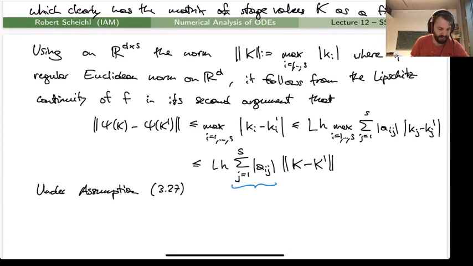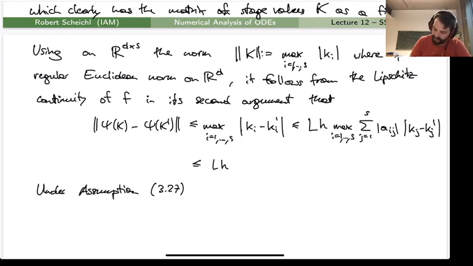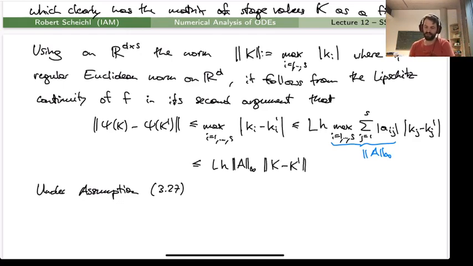I forgot the max, I left the max away, so max i equals 1 to S. This thing here is nothing else than the infinity norm of A. So this is L times h times the infinity norm of A times k minus k primed in that other matrix norm we defined.